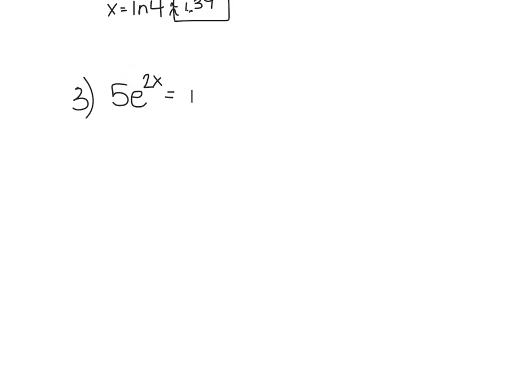So the first thing we would do here is undo the 5 times e to the 2x. So we would just divide both sides by 5. And now we've got e raised to the 2x equals 1/5, or 0.2, however you want to write that. Now, to undo e raised to the 2x, typically at this point what we would do is take the log of both sides.